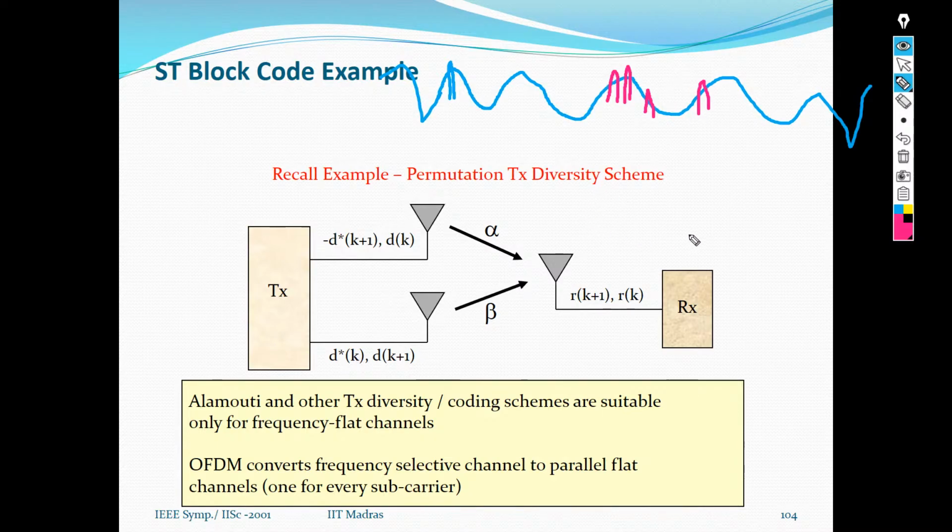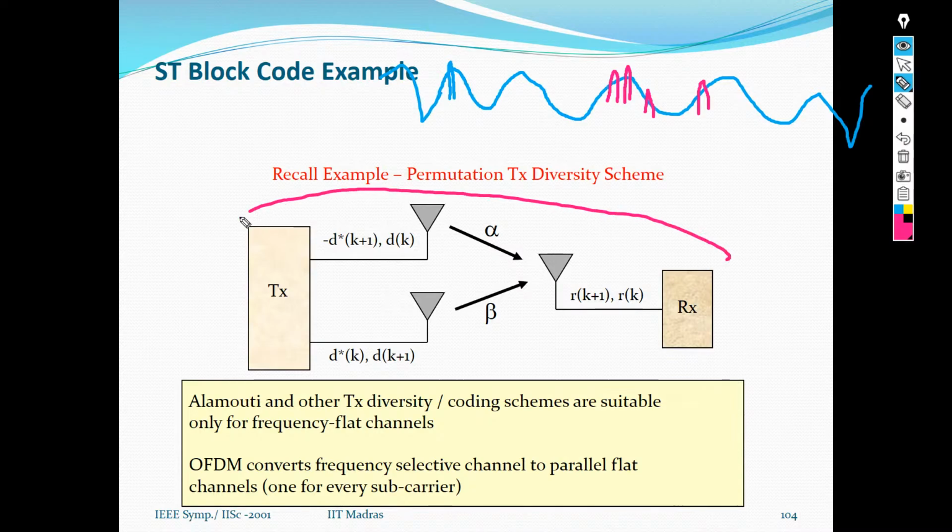Therefore, MIMO is friendly with OFDM, or OFDM makes the transmission process very easy and simple for MIMO, even if you are in a multipath, rich scattering, frequency selective, time dispersive channel.